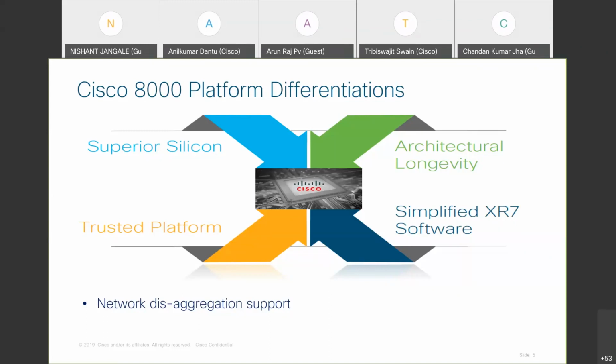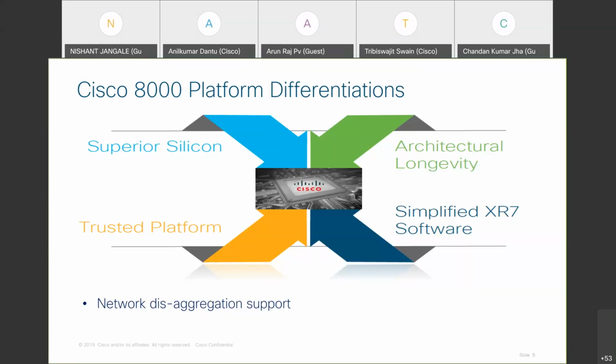Apart from this, the Cisco 8000 series platforms have architecture longevity. What do we mean by this? It's not just about the product support from Cisco lasting for 10 to 15 years. The product provides 400 gig ports at launch. As further development takes place on the ASIC and on different line cards, we will have 800 gig ports, 1.6 Tbps ports, and further on.